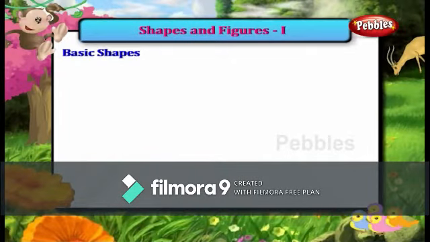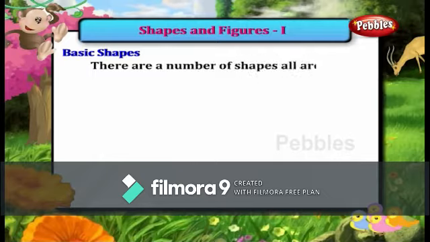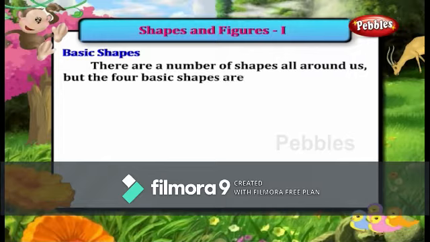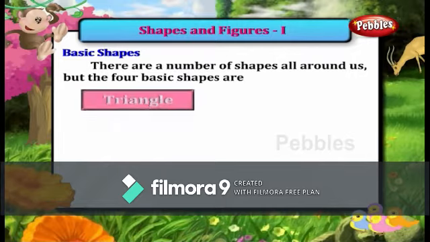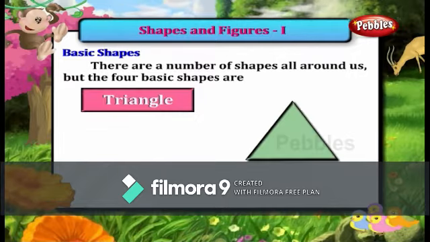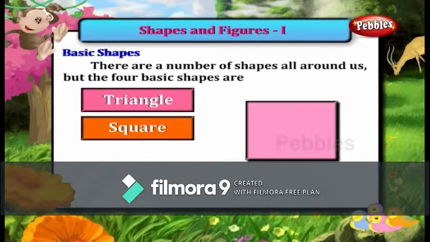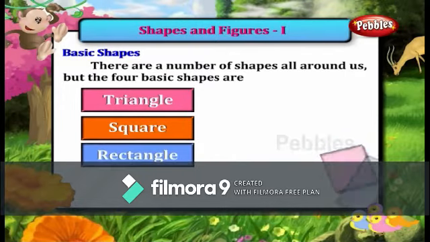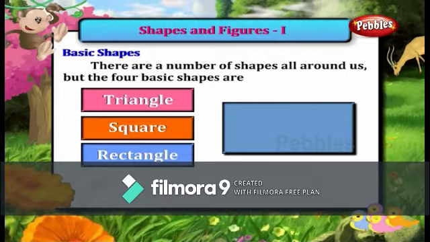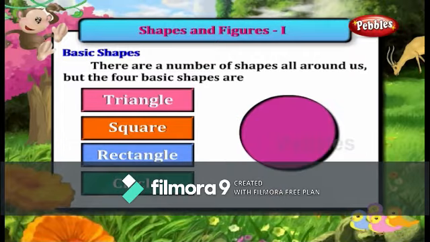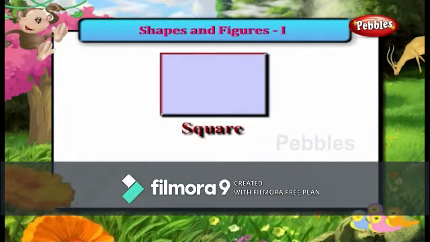Basic shapes. There are a number of shapes all around us, but the four basic shapes are triangle, square, rectangle, and circle. This is a square.